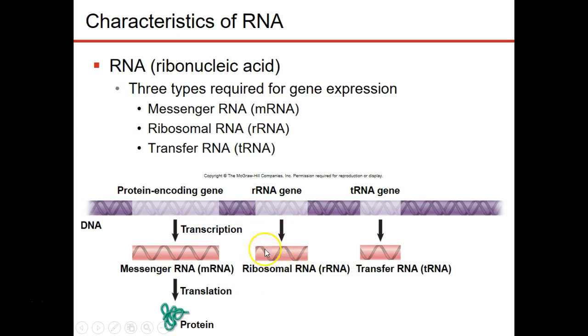Ribosomal RNA is what produces the ribosomes, those little tiny structures that produce proteins. When these get together with certain proteins, they form the ribosome, the large and the small subunit. And then we have transfer RNA. Transfer RNA carries the amino acids to the growing protein strand.